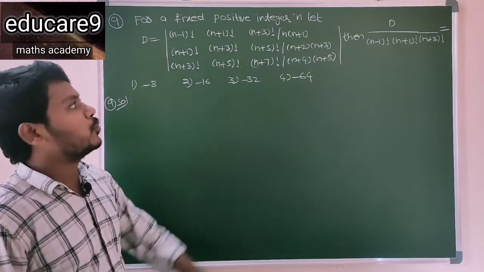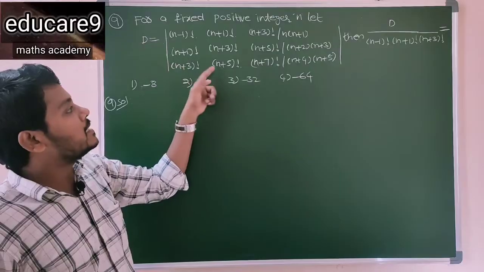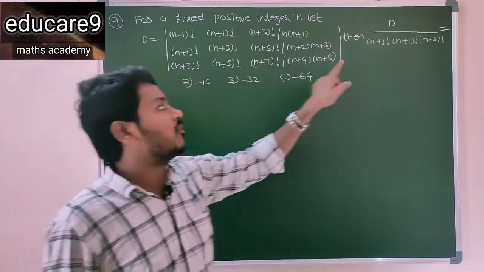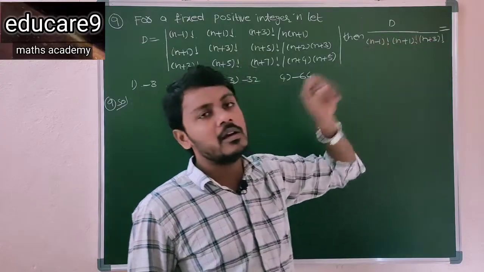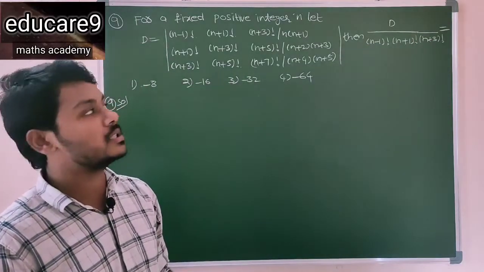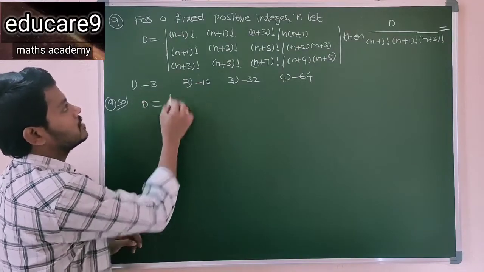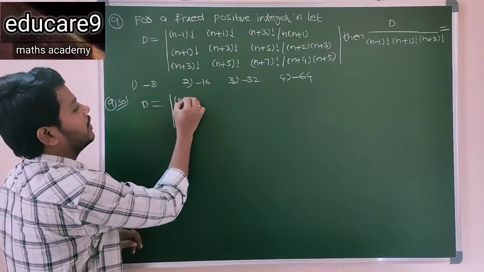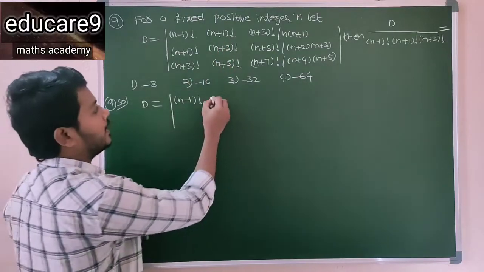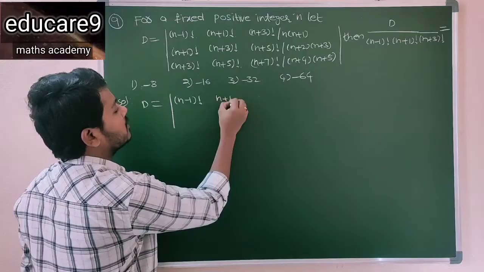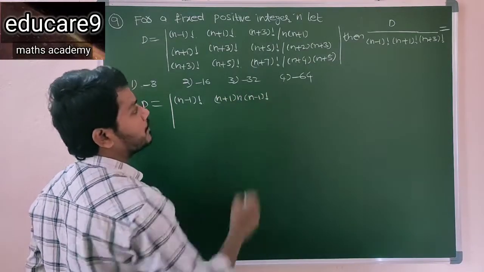For a fixed positive integer n and D is given determinant, then find D by n minus 1 factorial, n plus 1 factorial and n plus 3 factorial value is. So see here given determinant. So this is what? N minus 1 factorial. This n plus 1 factorial is written as n plus 1 into n minus 1 factorial.